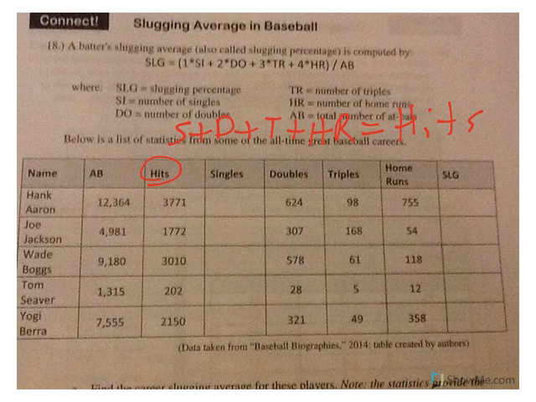We're going to take our hits, 3,771, subtract the doubles, subtract the triples, subtract the home runs, and that will tell us how many singles we have. So if you take Hank's 3,771 hits, minus 624, minus 98, minus 755, you should get 2,294 singles. All right, so hopefully you do.